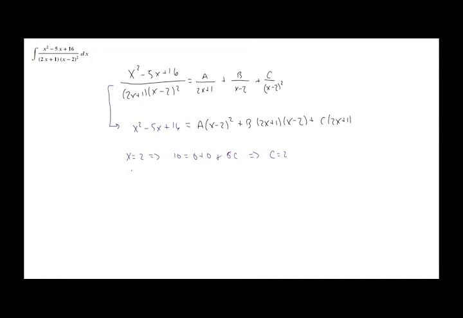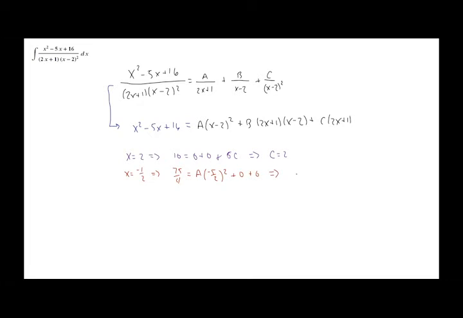Now, the next thing that I want to do here is pick something else, such as what if I was going to choose x equal to negative a half? If x equals negative a half, whenever I plug into the left-hand side, what I'm going to get is a value of 75 over 4. On the right-hand side, what I'm going to get is A, and I'll have negative 5 over 2, to which I'm going to square. Now, the other components over here are going to give you a value of 0.